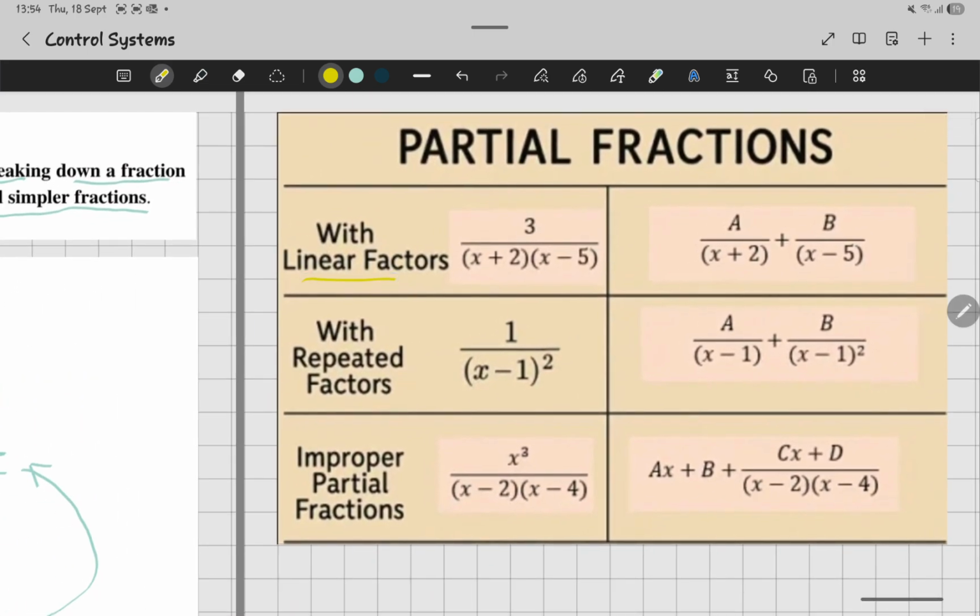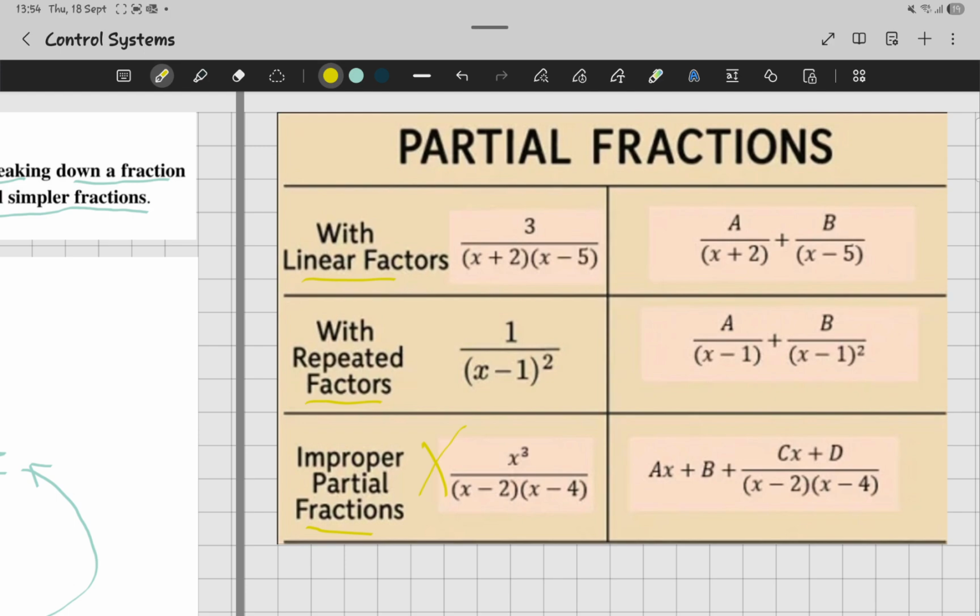We have the linear factor, we have a repeated factor, and an improper partial fraction. Let me remind you, we're not going to be working with this type of improper partial fraction, because most of the examples that I will give you won't use those methods.